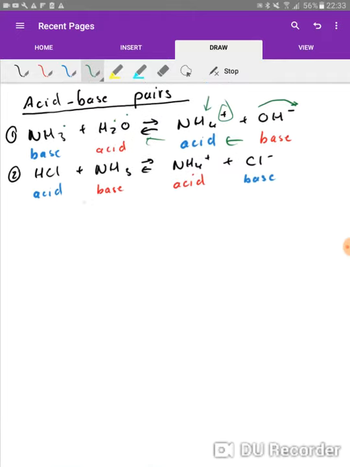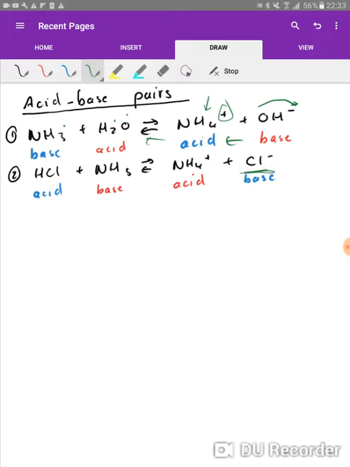Another example: we have an acid plus a base, and we want to get the acid-base pairs. We have HCl as an acid. We know it wants to donate, so we expect it to lose the H going forward, which it has.